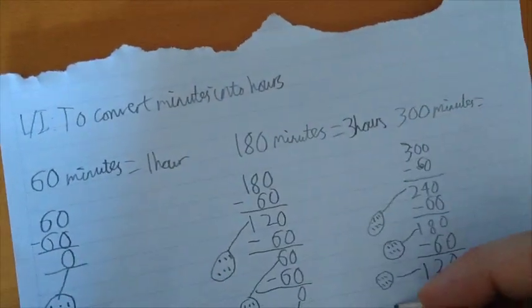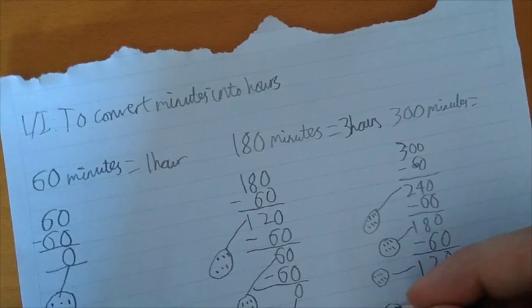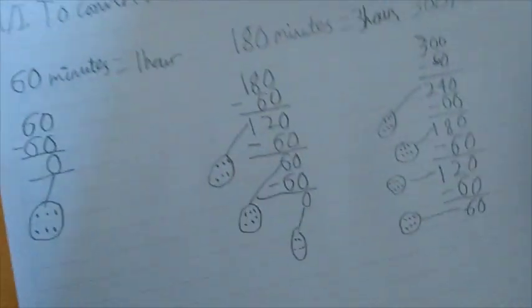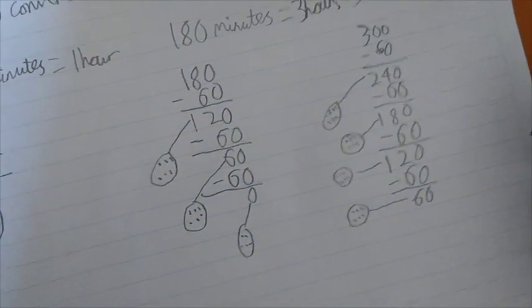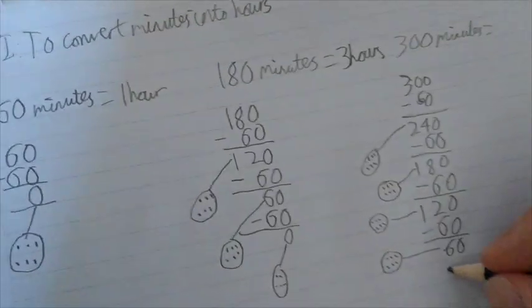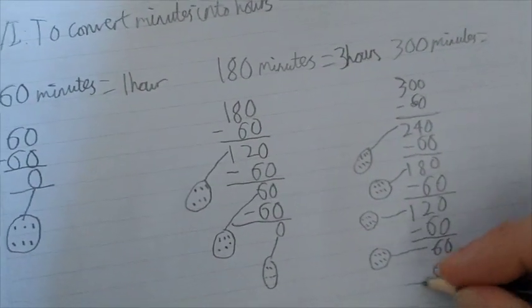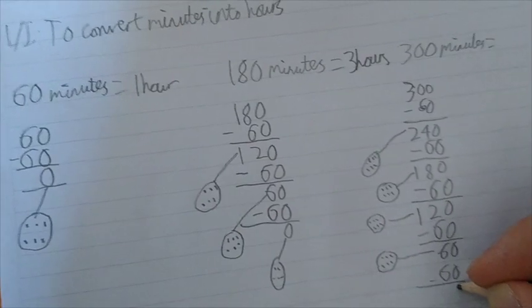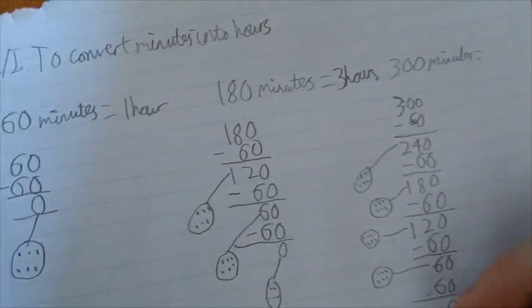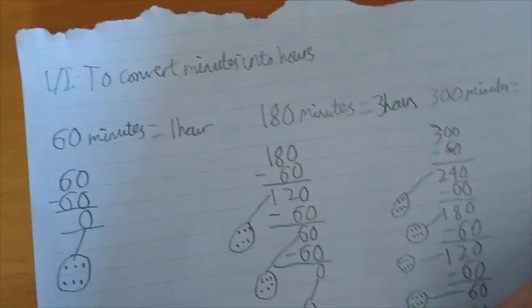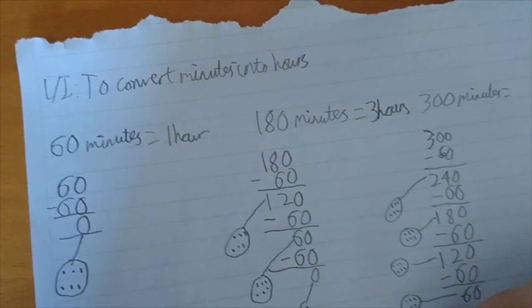So we have another bubble with 60 minutes inside. So take away 60 from 60, which, as you probably might have guessed, gives us 0. So from that we have another hour bubble.